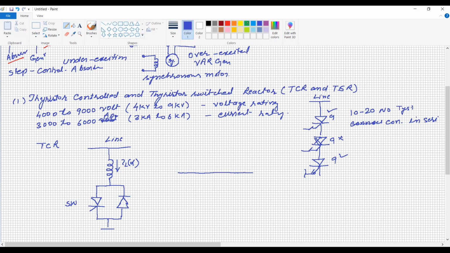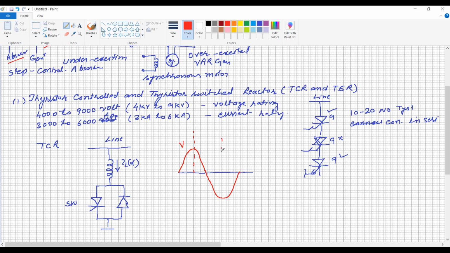This is the system voltage. Now this is the maximum crest of the voltage V, passing through its maximum value.